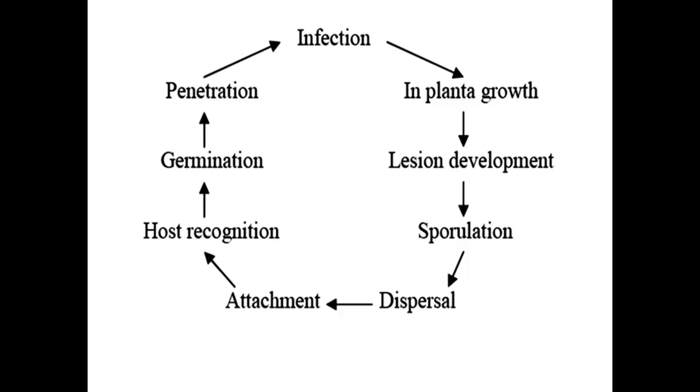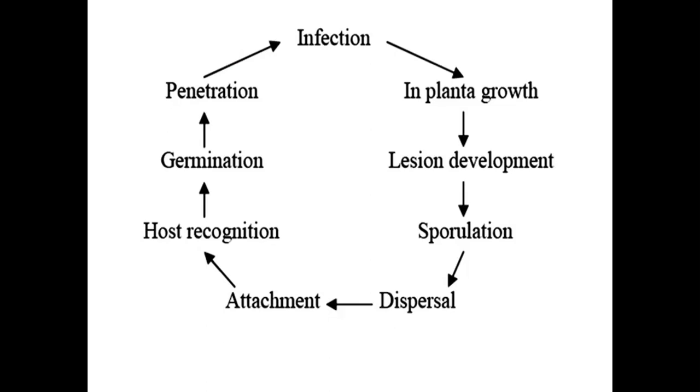As a result of the growth, there is the development of various abnormalities in the form of symptoms, like lesion development, and again the sporulation. And then after sporulation, the pathogens again reach perpetuation and thereafter the dispersal.